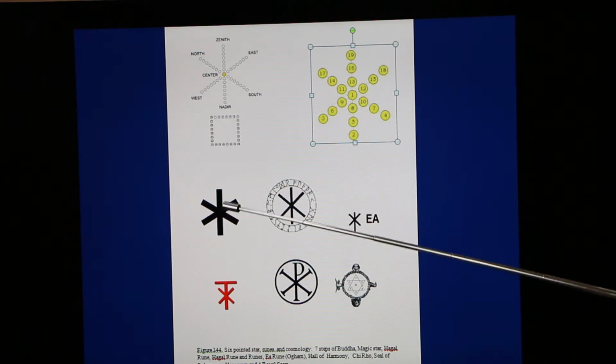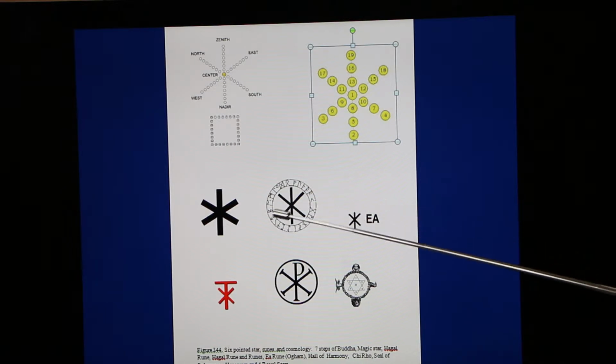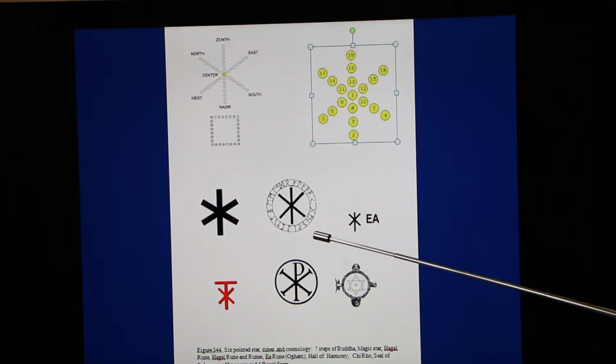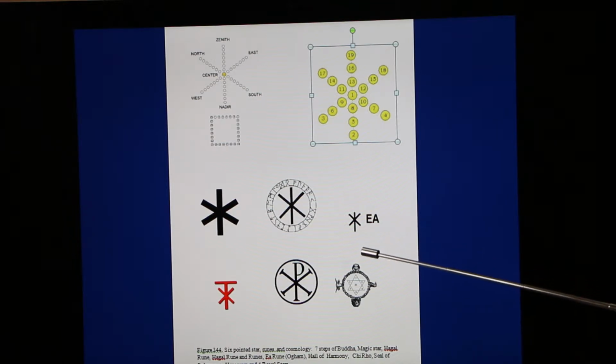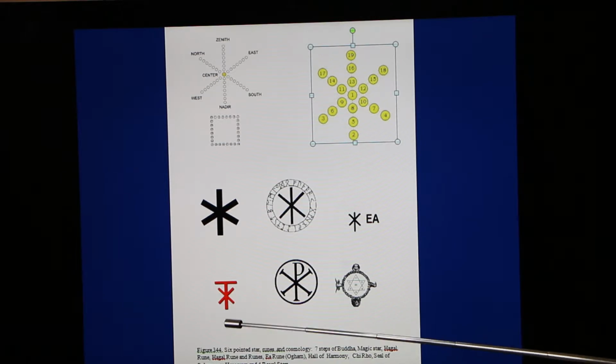Or I can put this hexagram into a circle and use it to identify specific letters. Or it can become a letter itself, in the case of Ea, in the runes. Or here in one of the early Slavic scripts.